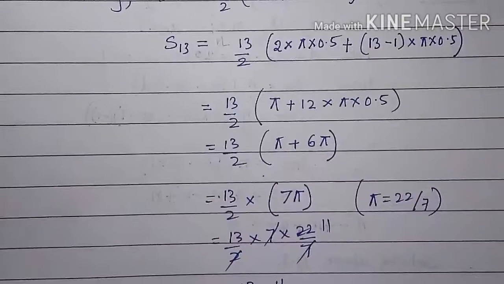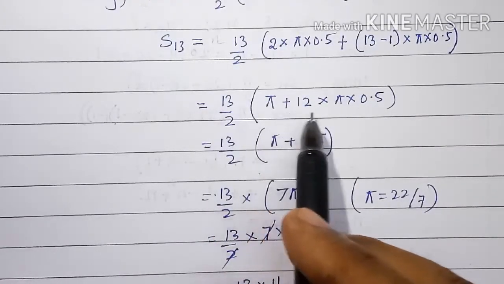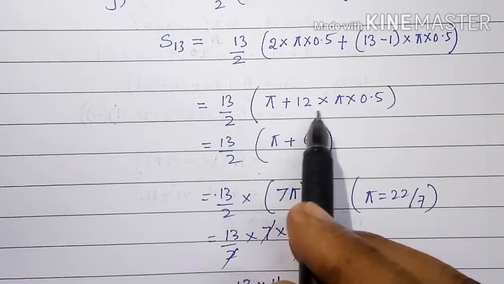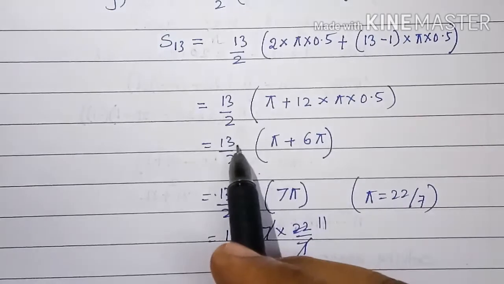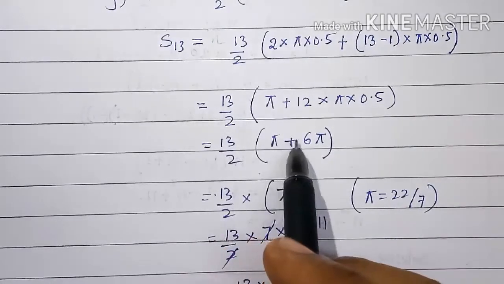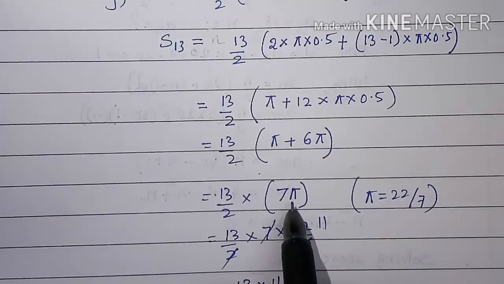Simplifying, we get 13 by 2 into the bracket pi plus 12 into pi into 0.5. 12 into 0.5 is 6. So 13 by 2 into the bracket pi plus 6 pi. pi plus 6 pi will become 7 pi.